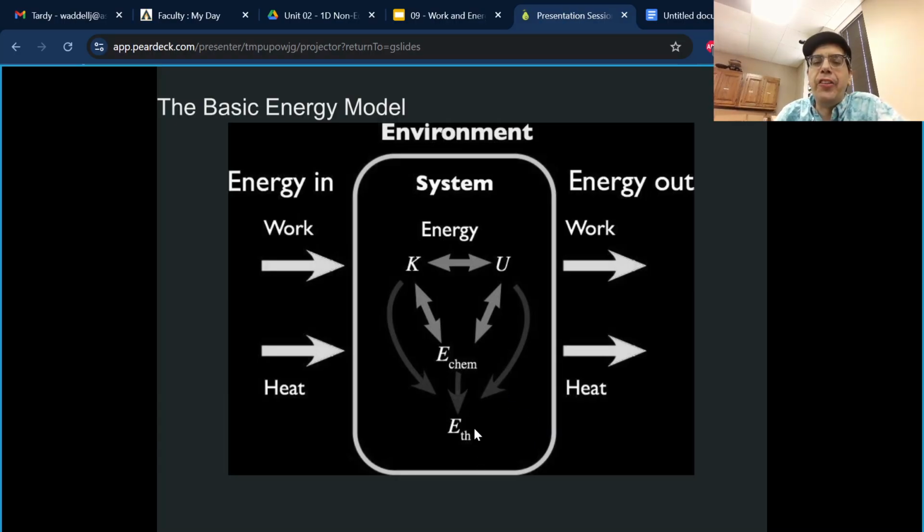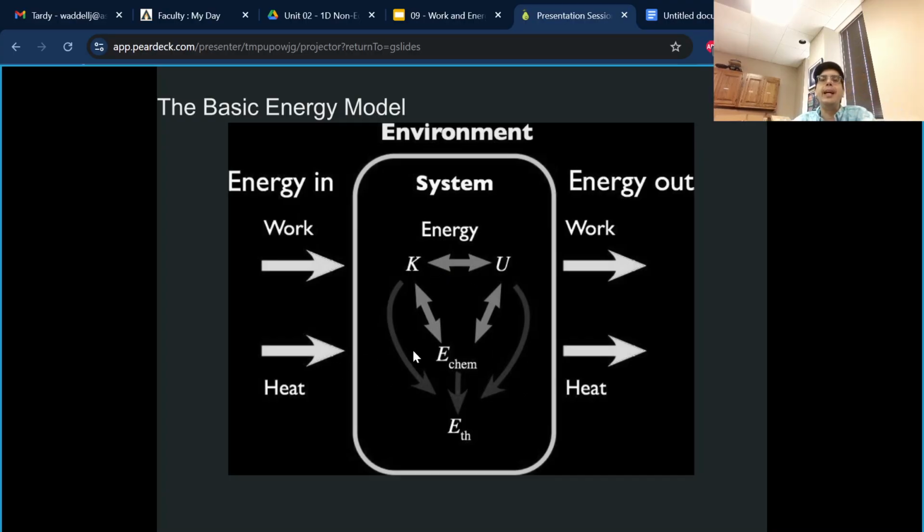I could say it's the energy stored in the temperature of the object. So as long as the temperature isn't changing, the molecules inside your object are moving a constant amount. They're jiggling around with the same average speed, or whatever you might remember from chemistry. Heat is trying to change the temperature inside your system. I say trying because it doesn't necessarily go to thermal energy. It could actually go to any of these things.